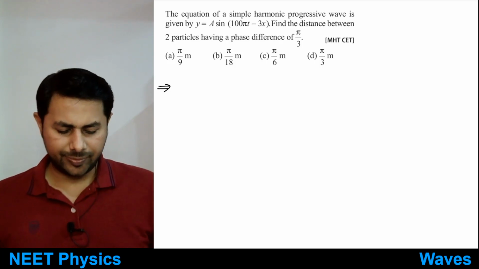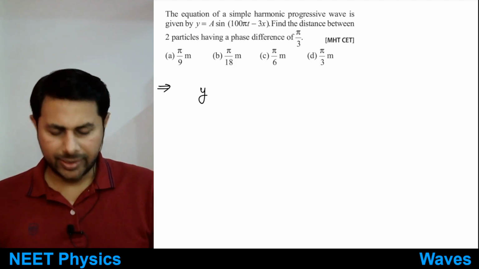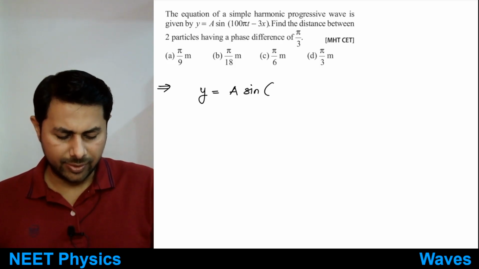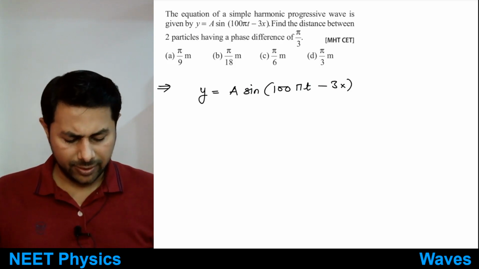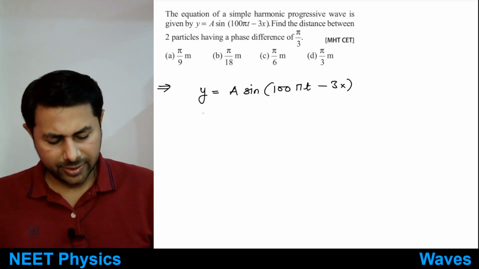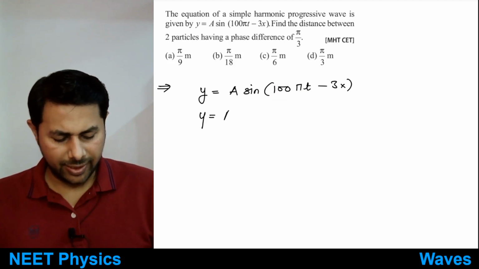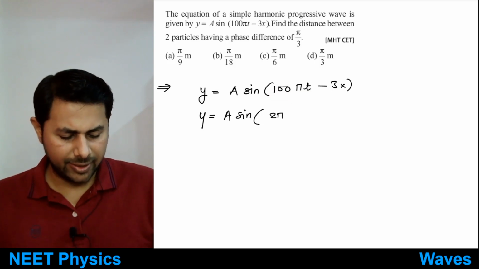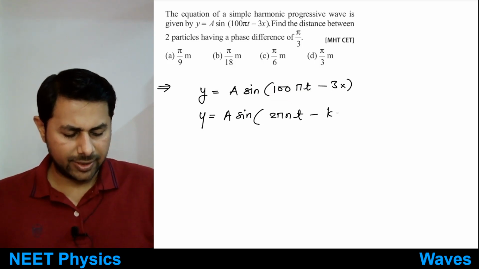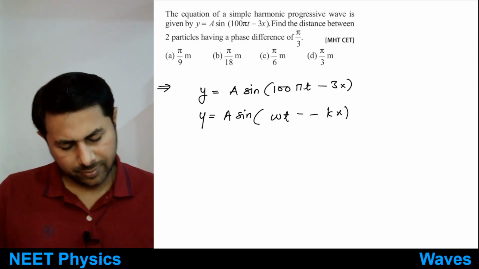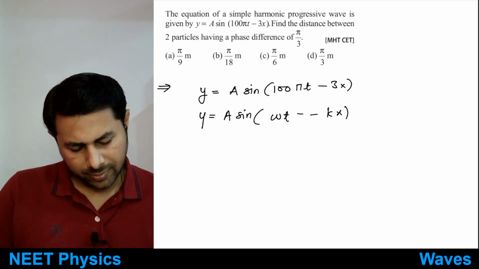So first of all, what we'll do is we'll take this equation and find out the wavelength. So it is a sine of 100 pi t minus 3x, okay, and then compare this with y equals a sine of omega t, or let's say 2 pi nt minus kx, or let's take omega t only, right?